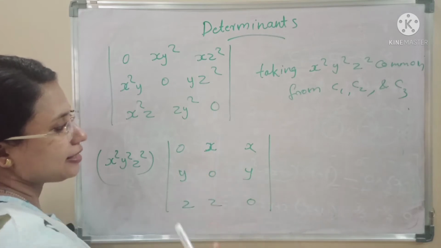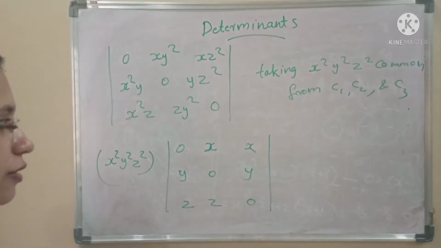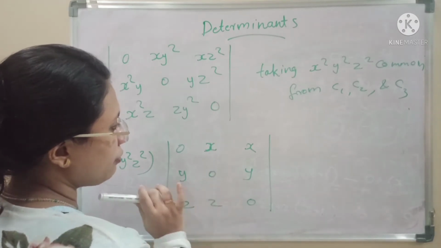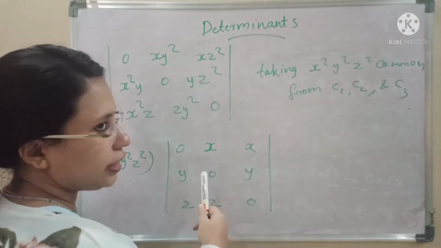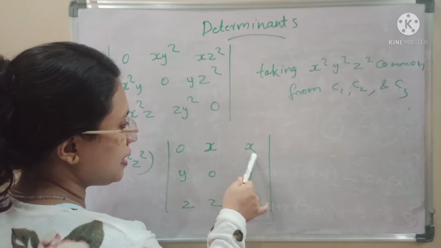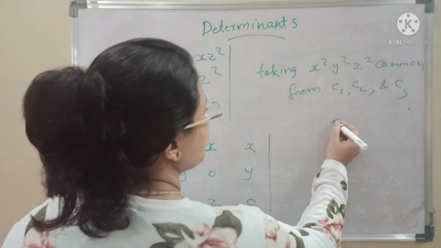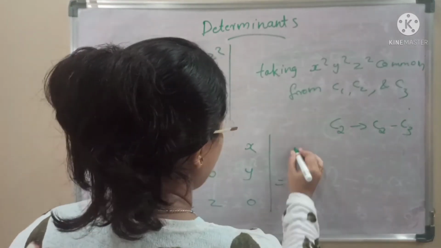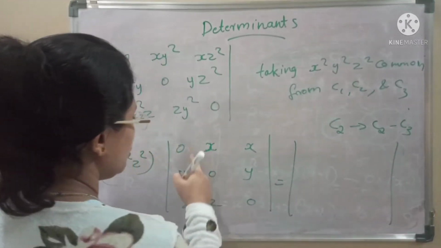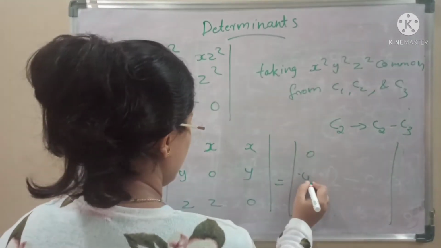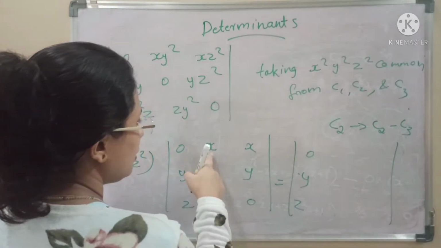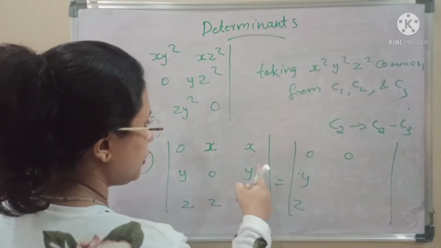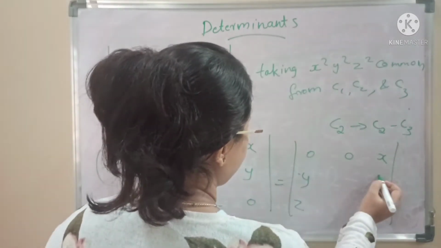If I make this term also 0, we'll see what is the advantage of that. For making this 0, we need to change C2 as C2 minus C3, right? If we do that, the first column will not change, the second column x minus x is 0, and the third column will also not change.